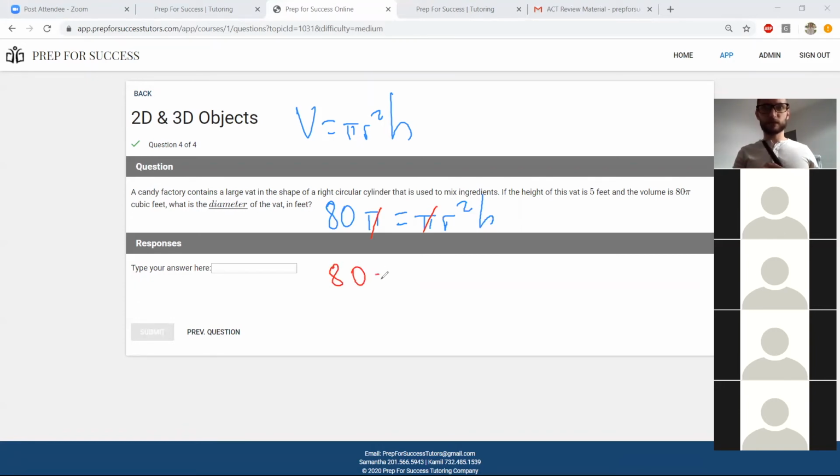So you get 80 equals r squared times 5. Then you divide both sides by 5. 80 divided by 5, you get 16 equals r squared. And you take the square root of both sides, you get r equals 4.